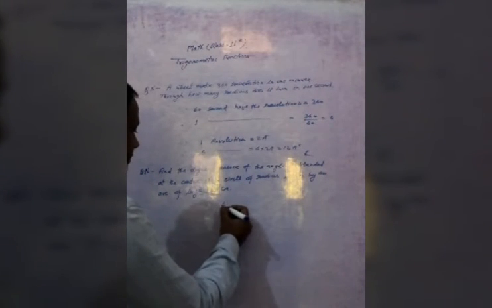Now the next question is: find the degree measure of the angle obtained at the center of a circle of radius 100 cm by an arc of length 22 cm. इसमें हमको डिग्री मेजर पूछ रहा है किसी भी 100 सेंटीमीटर के रेडियस वाले सर्किल के 22 सेमी के चाप द्वारा। So here we have to use the relation angle is equal to arc by radius.